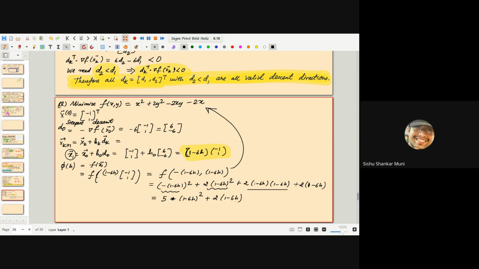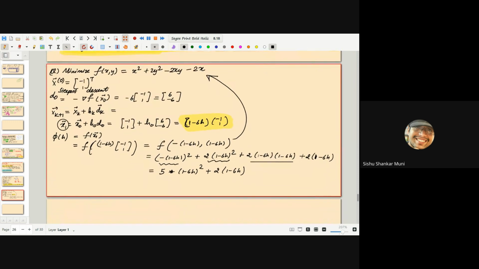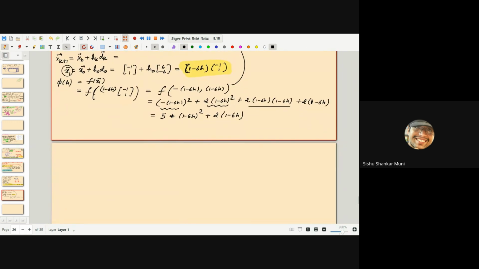Sometimes you don't have to do extra calculations. Now you are convinced that phi of h is given by 5 into 1 minus 6h squared plus 2 times 1 minus 6h. Do you agree?